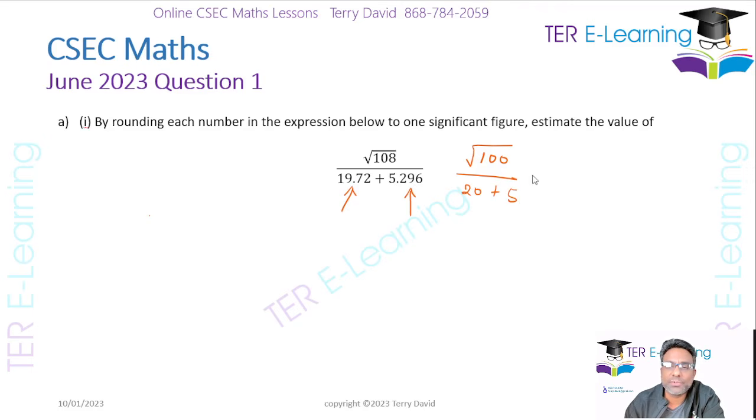So the square root of 100 is going to give me 10, and this is going to be 20 plus 5, that's 25. And this here is going to be 2 5s are 10, 5 5s are 25. So you can leave your answer as 2/5, or you can put your answer as 0.4.